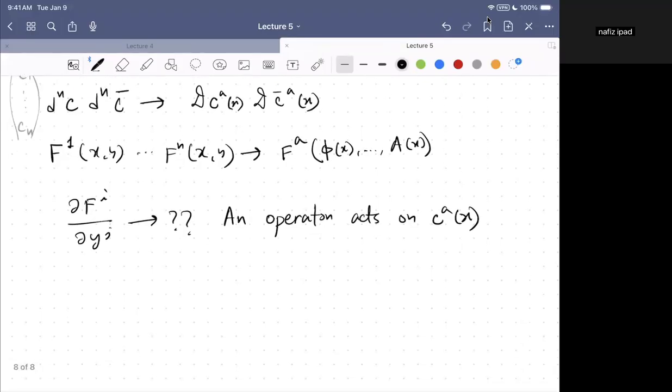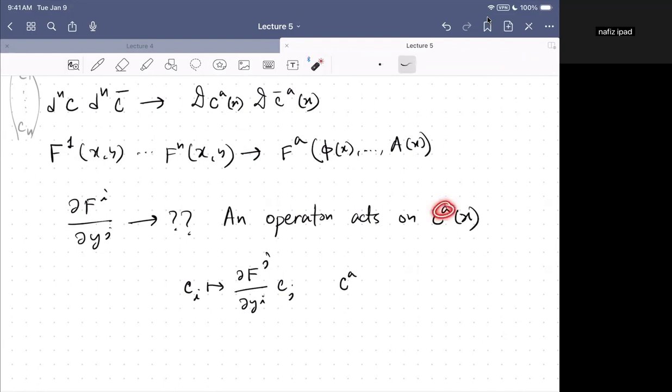And previously, the action was that C^I goes to del F, something like this. I'm not carefully keeping track of upper and lower indices. But again, these are all raised and lowered with the Kronecker delta, as long as we are in U(N). So it should be fine. Now we want something like this, that this function should go to whatever operator we have.